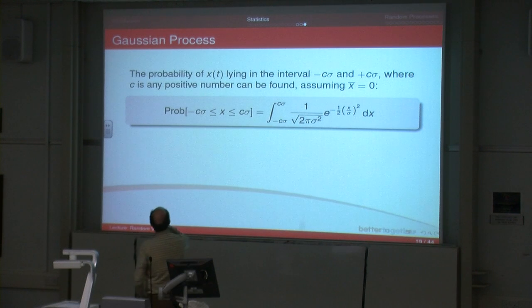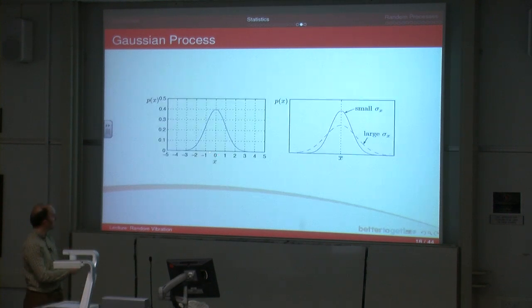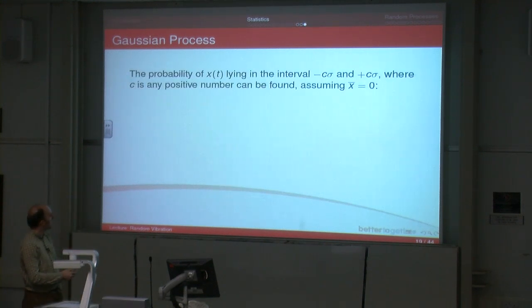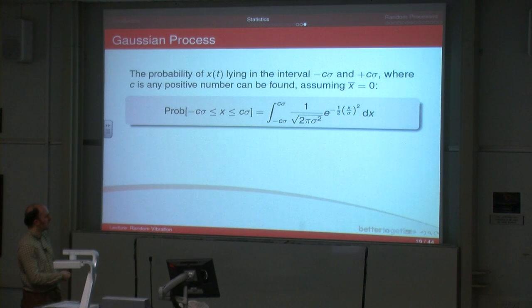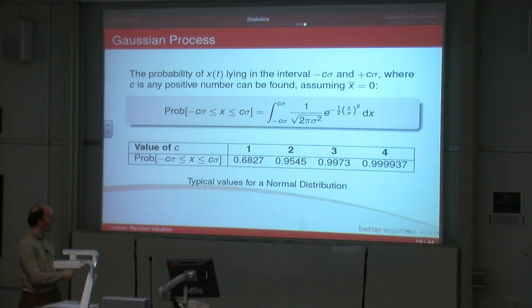I've got a value c, a positive number, and this is working out the probability that your value x is within a certain number of standard deviations from the mean. So if c is 1, x is going to be between 1 and minus 1 standard deviations away, so it's between here and here. If c is 2, you can do the same thing, and c is 3. So there's the equation. You plug the numbers in, and you get a little table here.